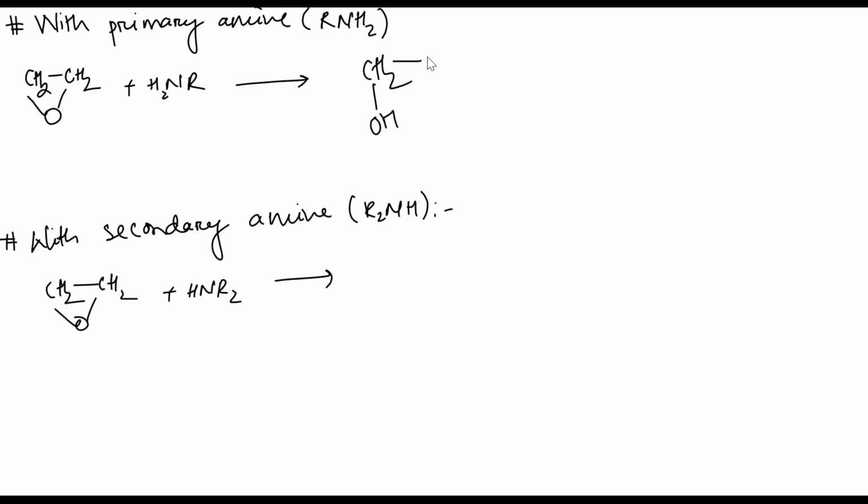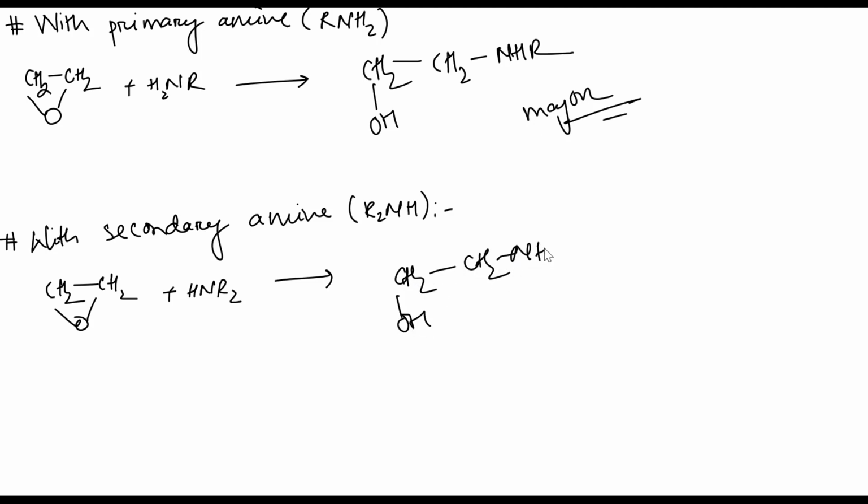And if we react this with a secondary amine, there will be formation of CH2OH CH2NR2. So this cannot react with a tertiary amine, because for this reaction there must be at least one hydrogen bonded to the nitrogen. In a tertiary amine, R3N, there is none, so it cannot react.